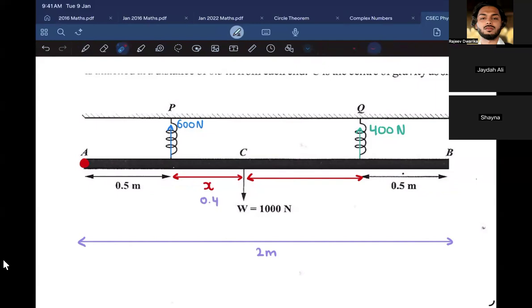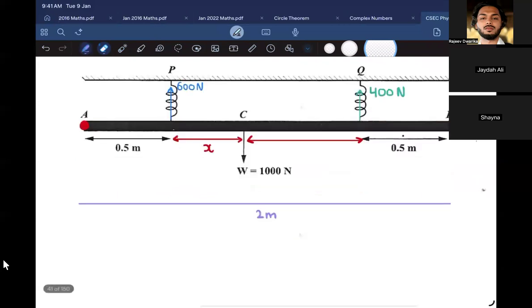How would I figure out this length over here? Angela, you could answer as well. If this was the case, how would you all find the other length? You could add up all and subtract it from the 2 meters. Exactly. So we could do that in terms of x. I don't know what happened to the arrows, but we shall move on.